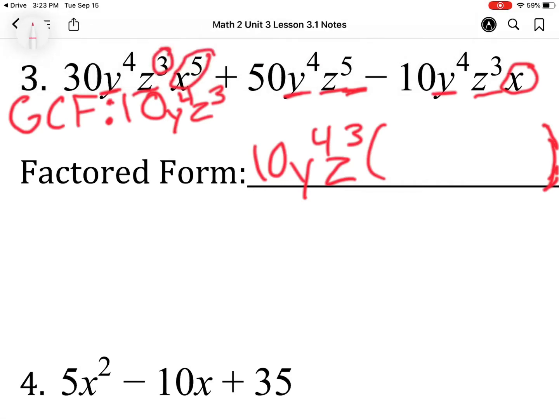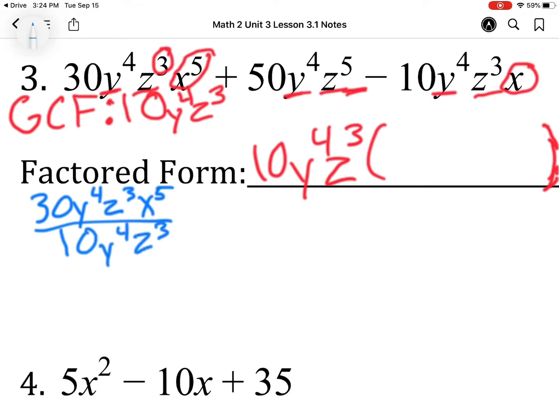So now we've got to take each term and divide by the GCF. Our first term was 30y to the 4th, z to the 3rd, x to the 5th, divided by our 10y to the 4th, z to the 3rd. Well, we already kind of reviewed that 30 divided by 10 gives you 3. Anything divided by itself is 1, and all of this is multiplication.